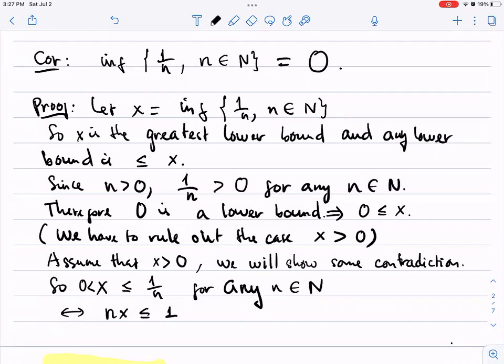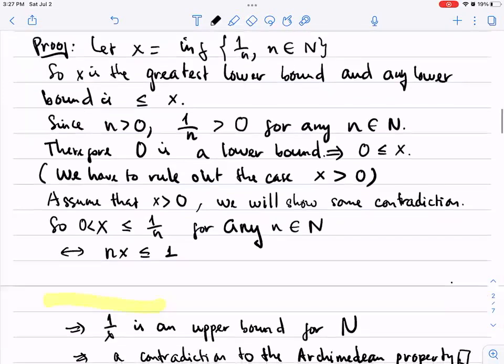As we mentioned earlier, since n is greater than 0, 1 over n is greater than 0. So 0 is a lower bound for this set. That's why 0 must be smaller than or equal to this number x, which, remember, is the greatest lower bound.